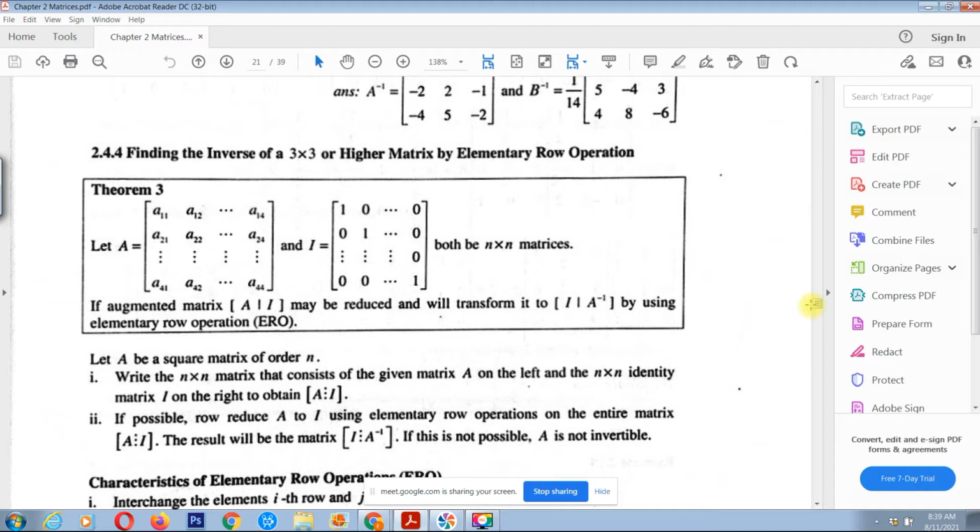So this is one of the methods to find the inverse. Before this, we used the determinant, the cofactor method, to find the inverse. So we have another way, which we call elementary row operation.